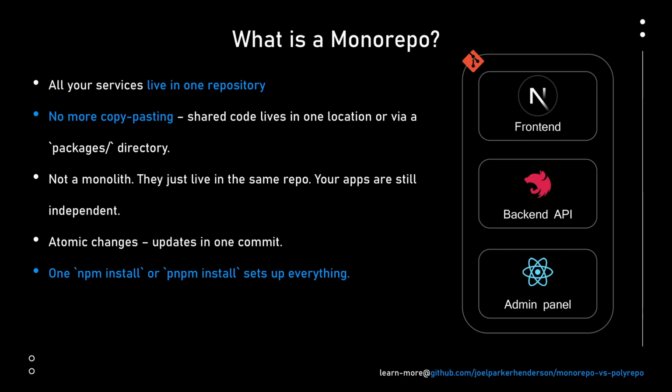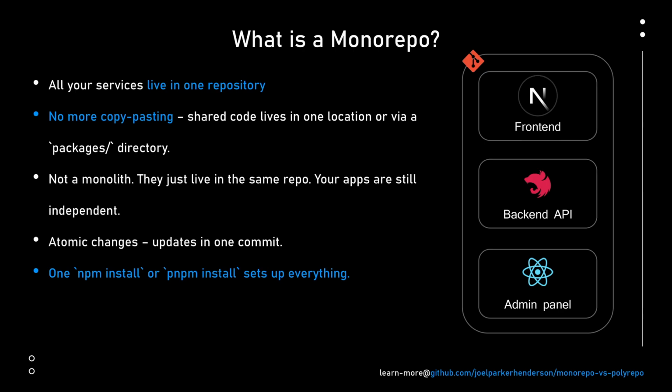So no more copy pasting. Shared code lives in one location, or via a packages directory, meaning you can locate a directory where all your shared code lives and it can be used from different services.